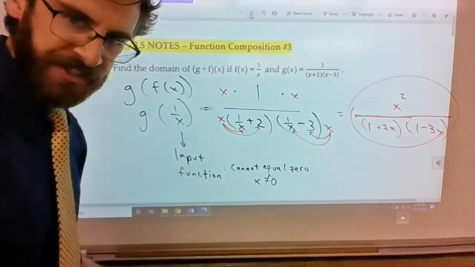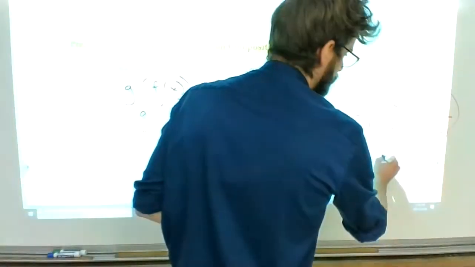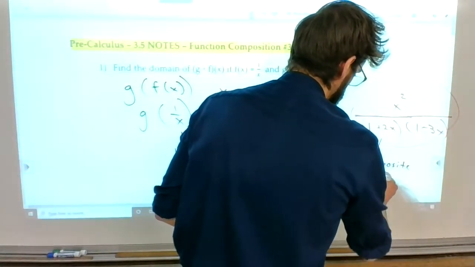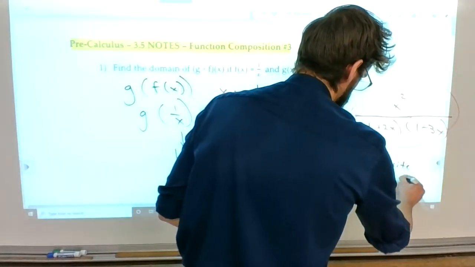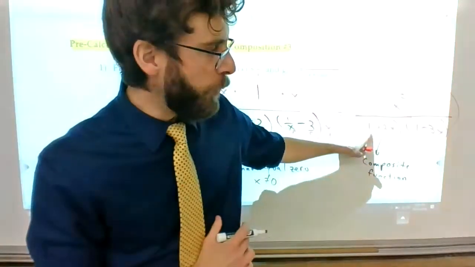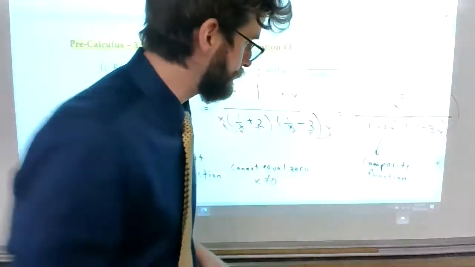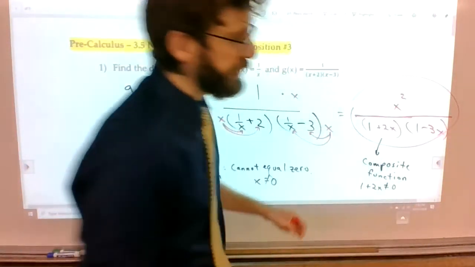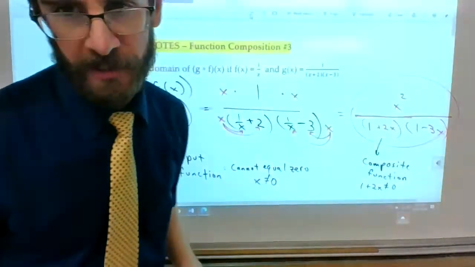Now make sure you consider the composite function itself. The composite function can't have 1 plus 2x equaling 0. And it also can't have 1 minus 3x equaling 0.